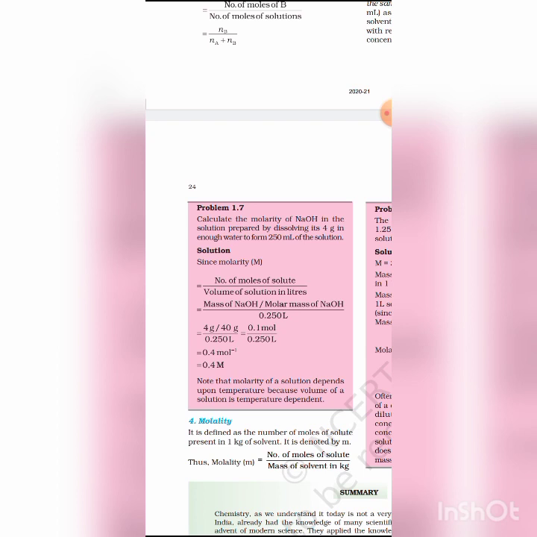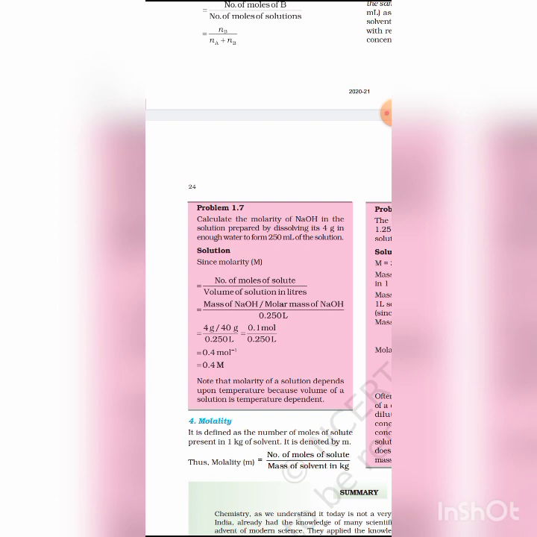And number of moles of solute is mass of sodium hydroxide by molar mass of sodium hydroxide. Mass of sodium hydroxide is 4 gram and molar mass of sodium hydroxide is 40. So number of moles of solute here 0.1 mole. Okay, and volume of solution in liter 0.250 liter.